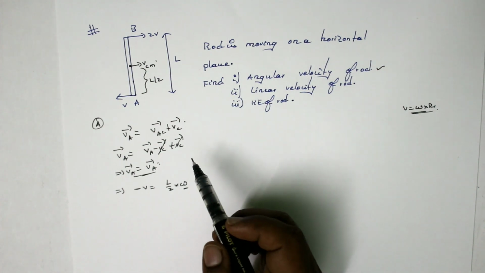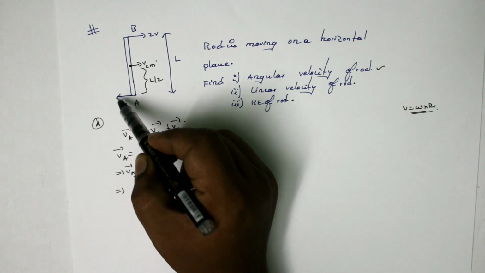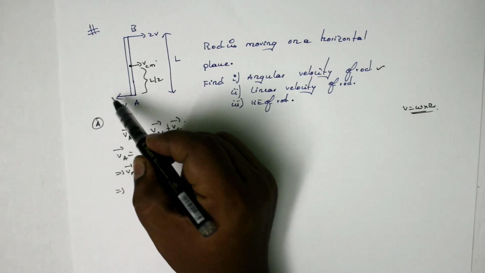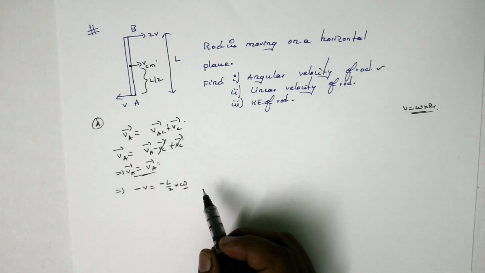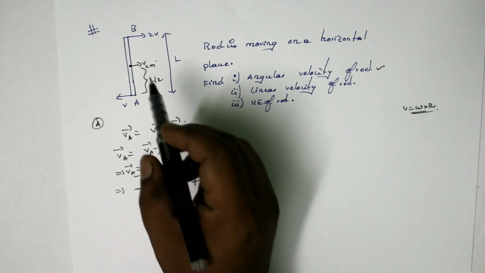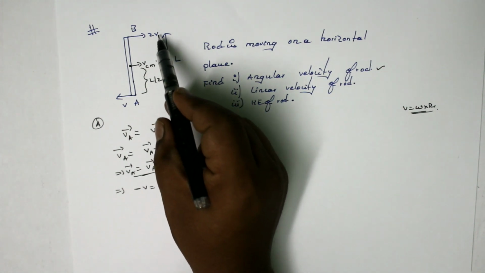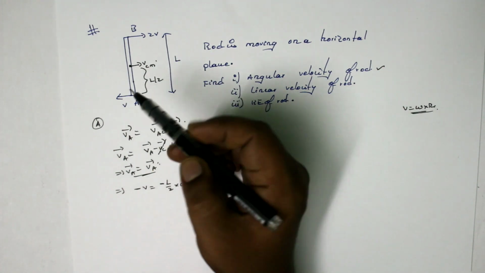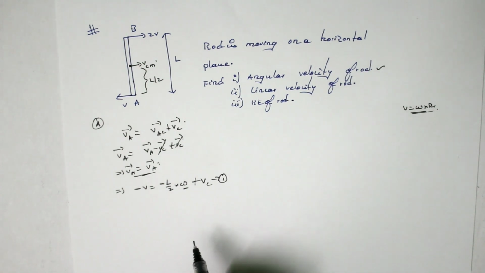That is what we have studied in kinematics. So relative to this position, point A is moving in this direction, and that direction we have already considered negative. So minus L by 2 into omega plus VC. And the velocity of center of mass will be in this direction, because it is a greater velocity when compared to V here. So I will write VC. This is my equation number 1.